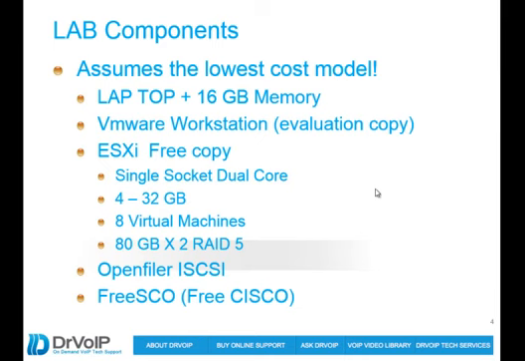So again, VMware Workstation is going to be installed on your laptop. And then in the VMware Workstation, we're going to load 1, 2, 3 copies of ESXi. So we'll have 3 host machines. And we're going to load OpenFiler for our iSCSI device and FreeSCO for our router.